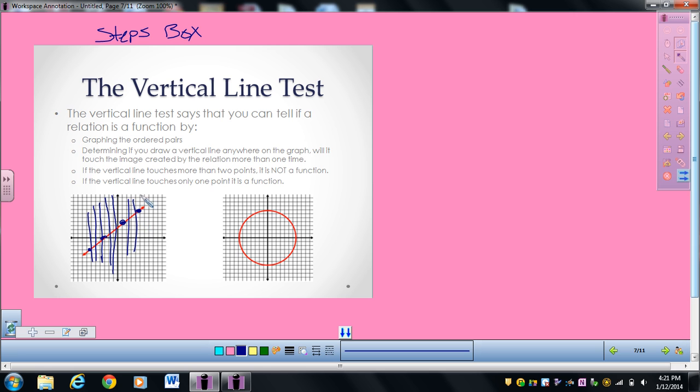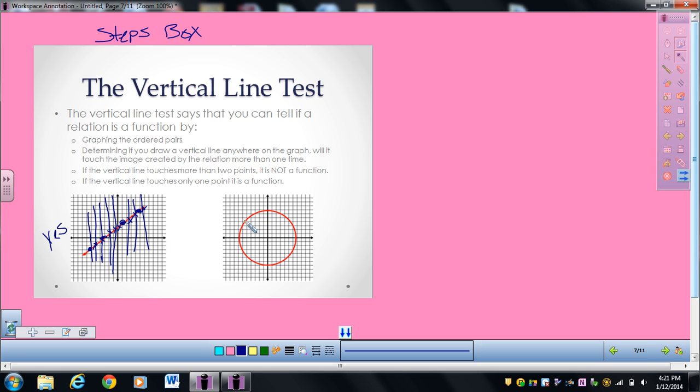If any vertical line touches this relation more than once, then it's not a function. But look, this only touches it once here, once here, once here, once here, once here, once here, once here, once here. No matter where I put a vertical line on that relation, the vertical line is only going to touch that relation one time. So that would make that yes a function.